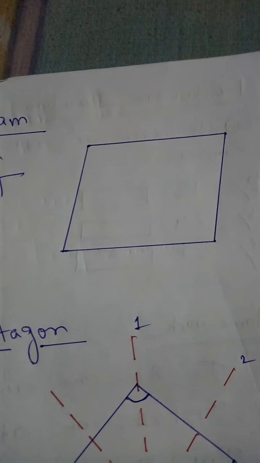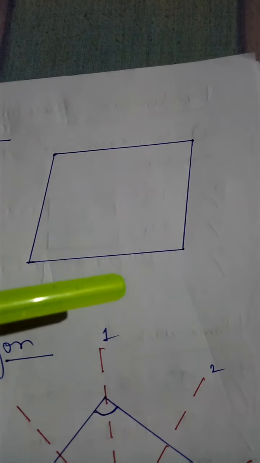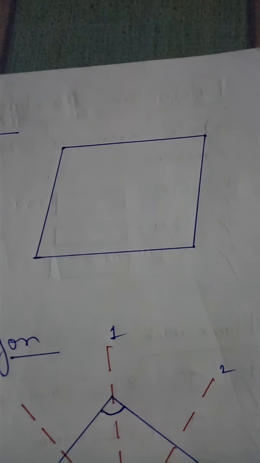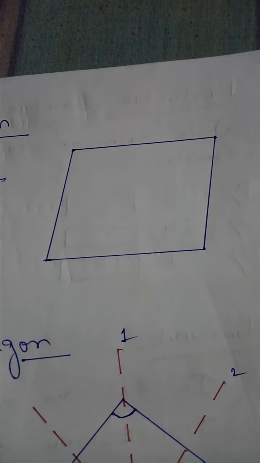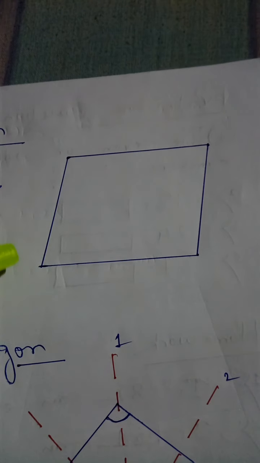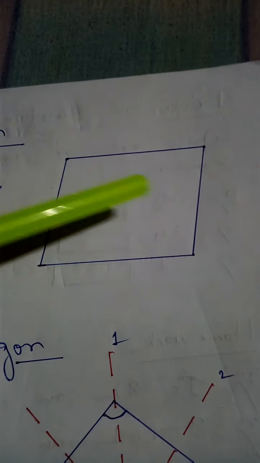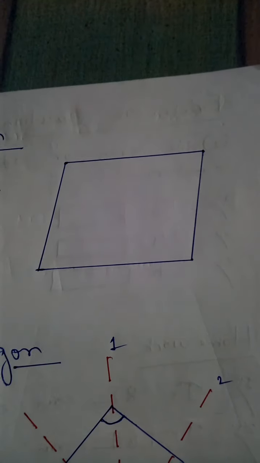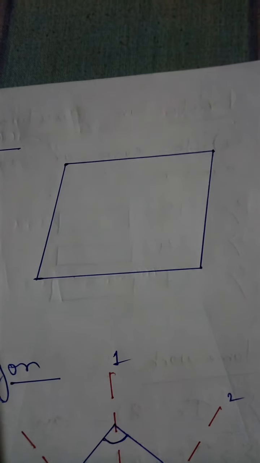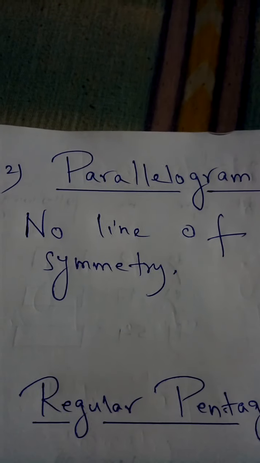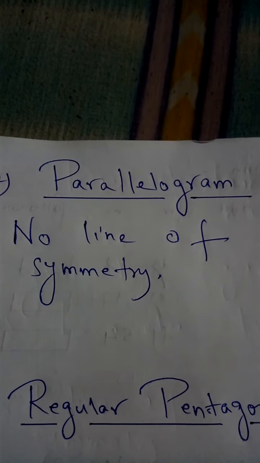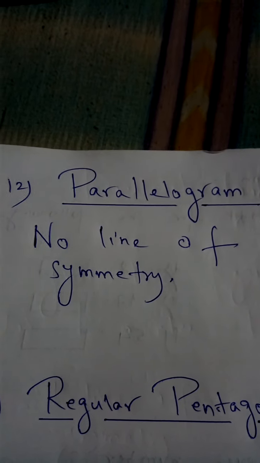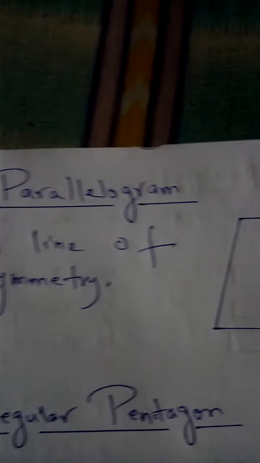The top and bottom sides are parallel and equal, and these two sides are also parallel and equal. Such a figure is called a parallelogram. For this figure we have no line of symmetry. We cannot draw any line of symmetry.